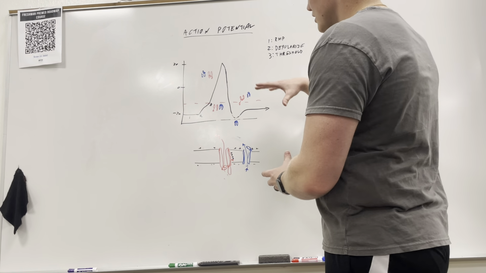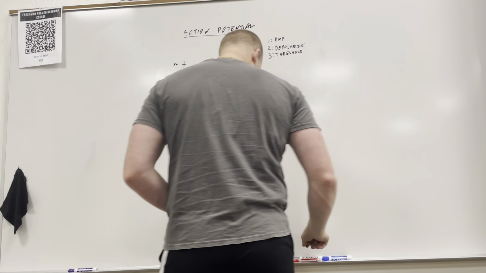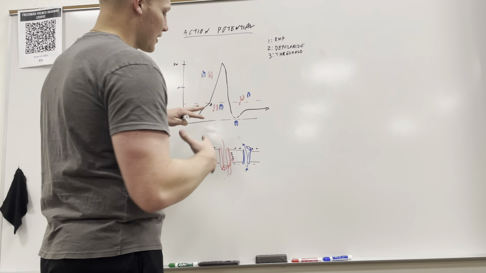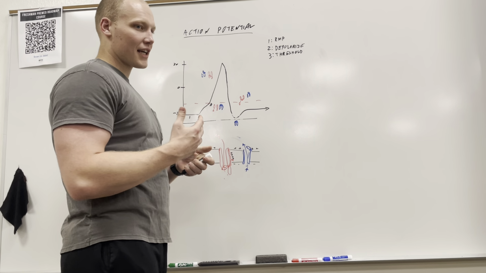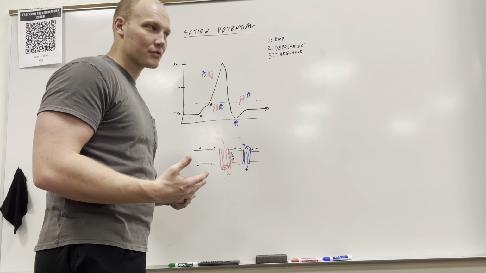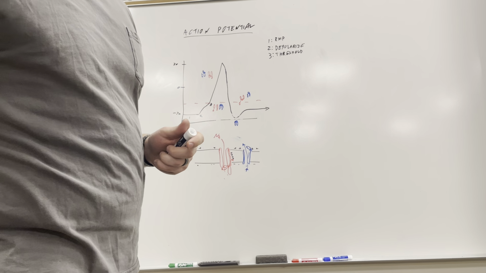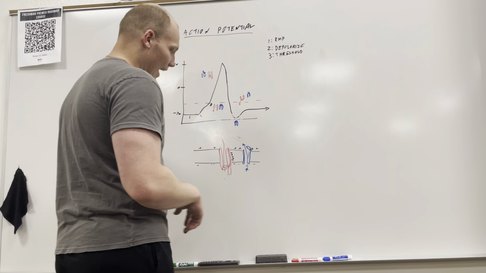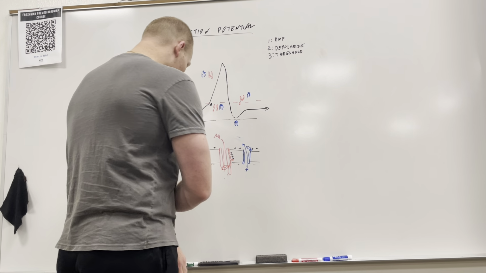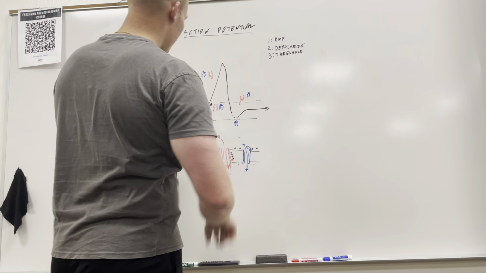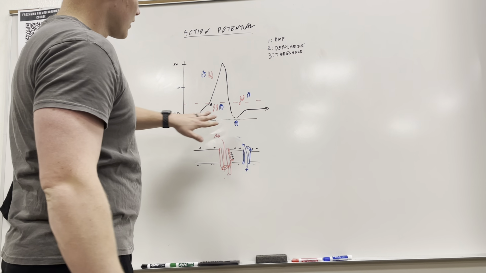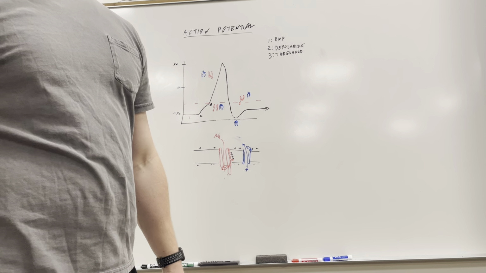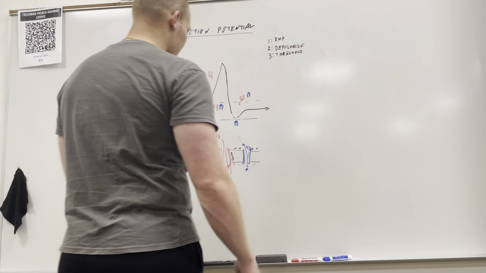Now, with an action potential, we can only do an action potential when we have the resting membrane potential needed for the action potential to be propagated. So at this point right here, after we hit threshold and until we hyperpolarize, that is what we call an absolute refractory period.